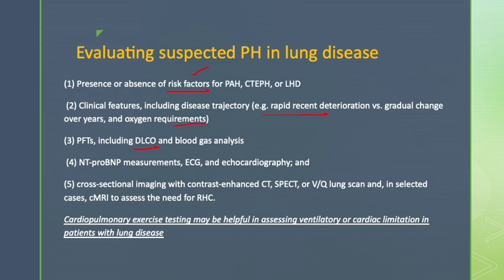You can also do pro-BNP measurements, ECG and echo to look at the right heart component, and imaging, whether it's in the form of CT, SPECT or VQ scan when you suspect a thromboembolism, or in selected cases an MRI, can help you assess whether you need a right heart catheter. In setups where it's available, cardiopulmonary exercise testing is helpful and guideline recommended for assessing ventilatory or cardiac limitations in these patients.